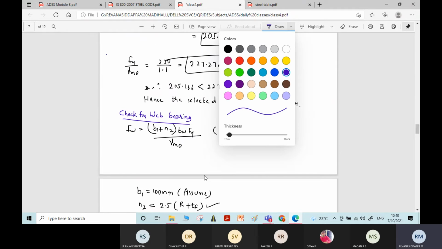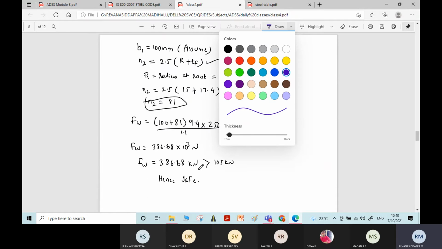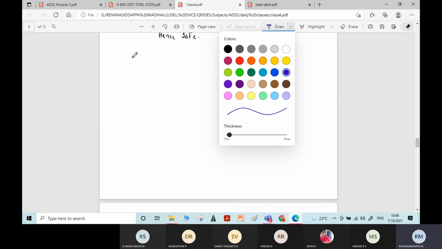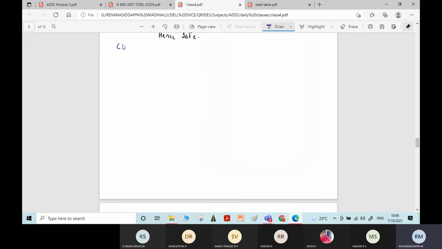Next step is check for web buckling at supports. Write it.